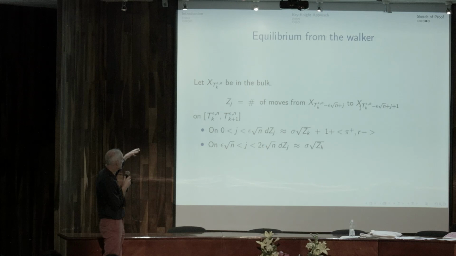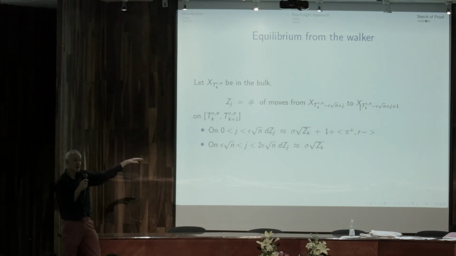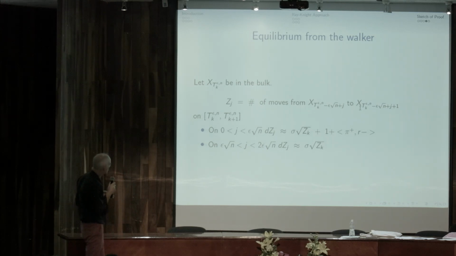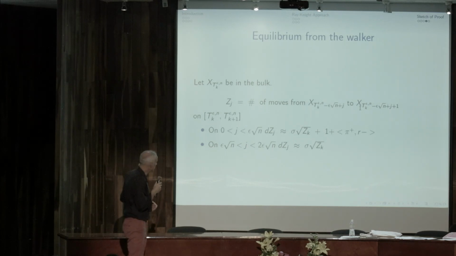If I look at the first time I went epsilon square root of n to the left, and I work my way back along the local times, what we have, just from our averaging, is enough, more or less, to say that the local times, starting off at a shift of epsilon square root of n to the left, as you move over rightwards, the local time is going to behave like a Bessel squared 2 process.